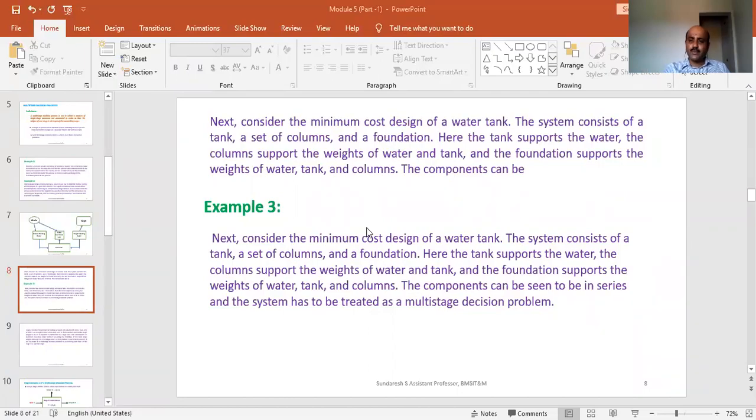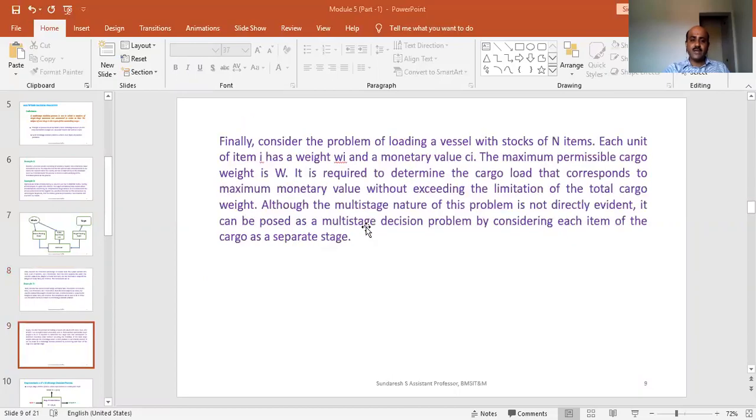Okay. These are some of the examples that you can consider as sequential decision problems. And finally, let us consider a problem of loading a vessel with the stocks of n items. Each unit of item i has weight Wi and monetary value Ci.